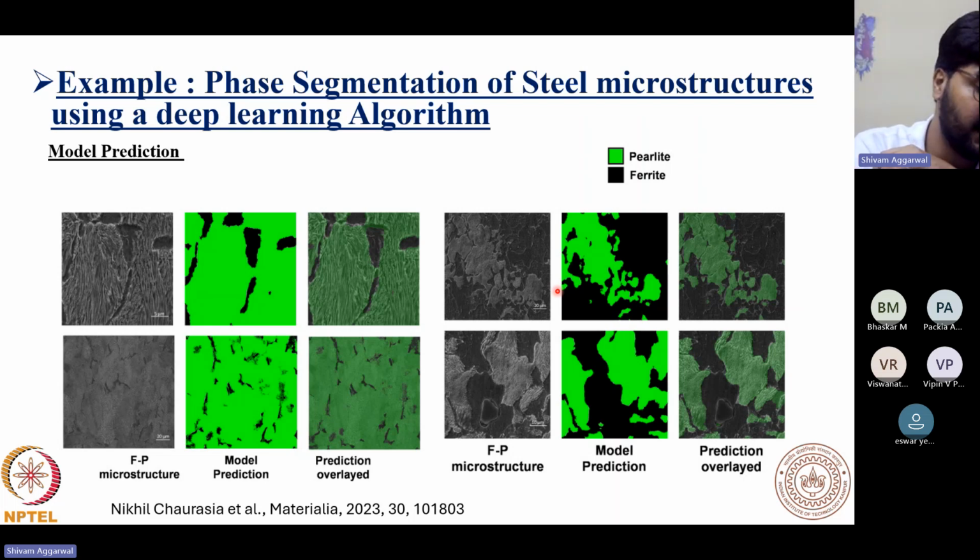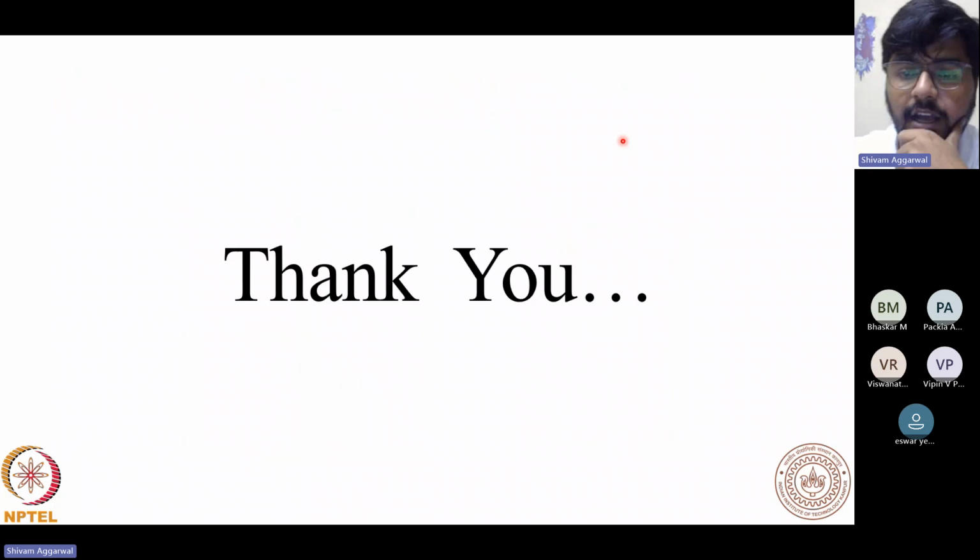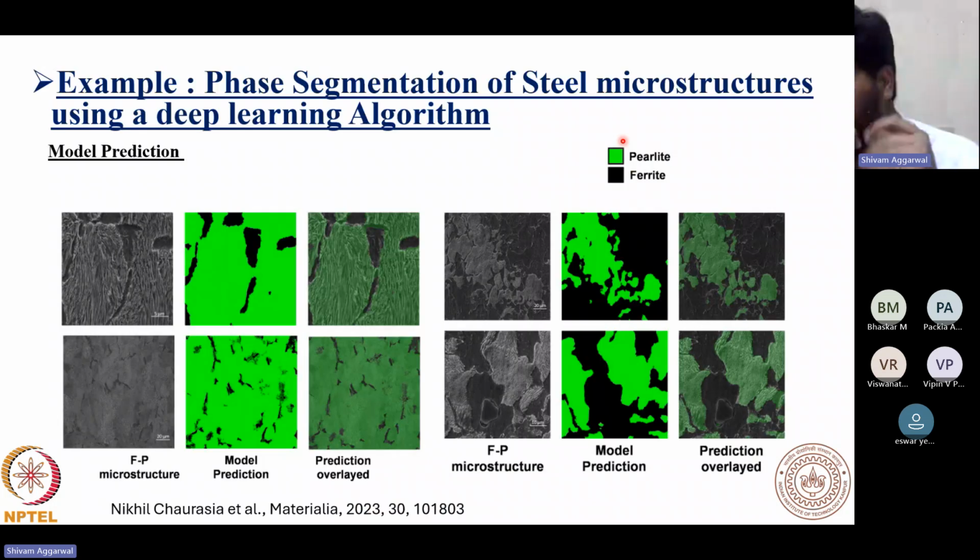Like one, they want to talk about the ratio of the areas, like the percentage of the pearlite region and the percentage of the ferrite region here. So you can use that.